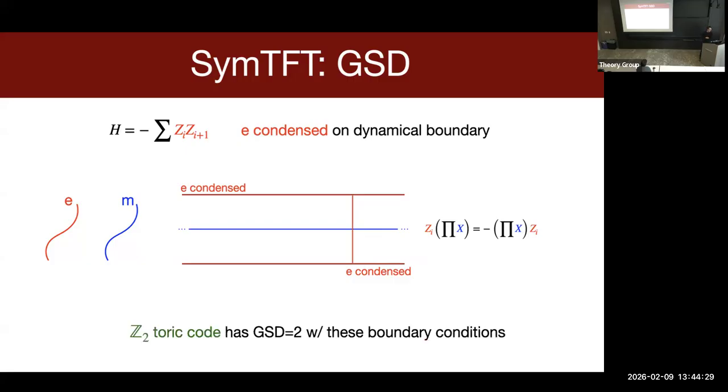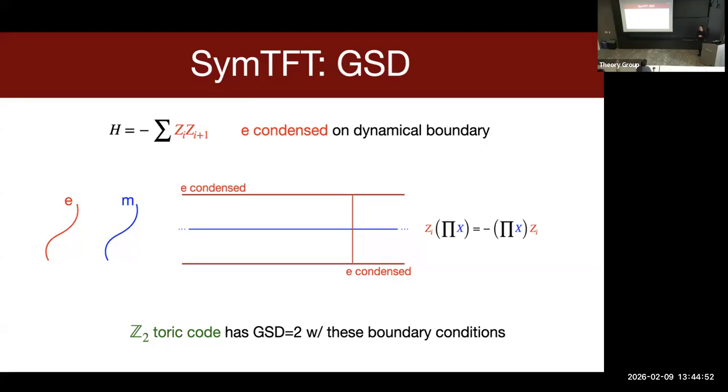And this leads to a ground state degeneracy of 2, which we of course know from the ferromagnet. It's just the two degenerate ground states of the ferromagnet. So this is the coarsest piece of universal data in a gapped phase, which is how many states are there, and it's correctly reproduced by this sandwich picture.